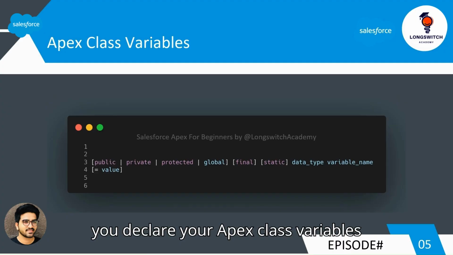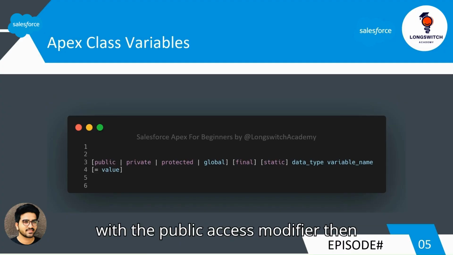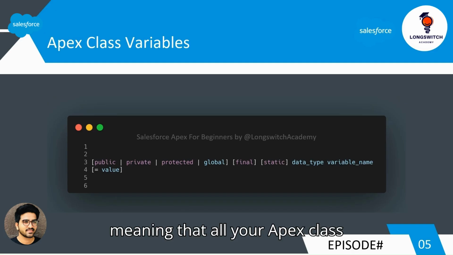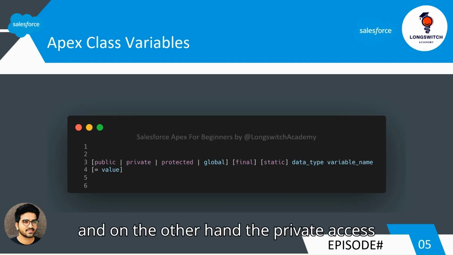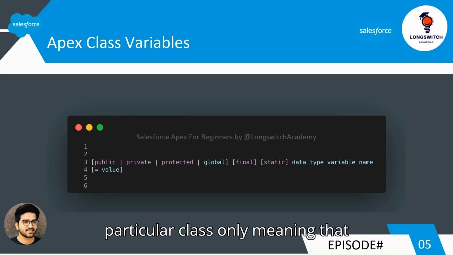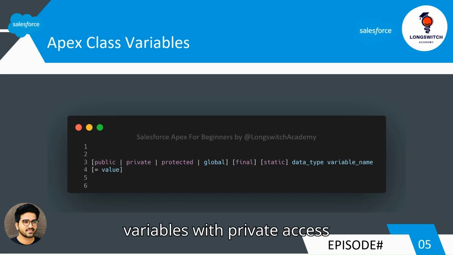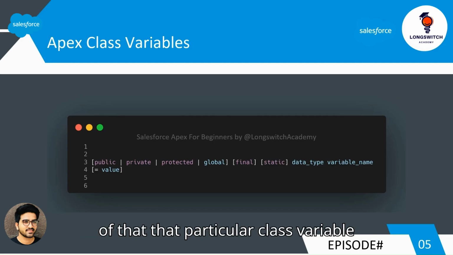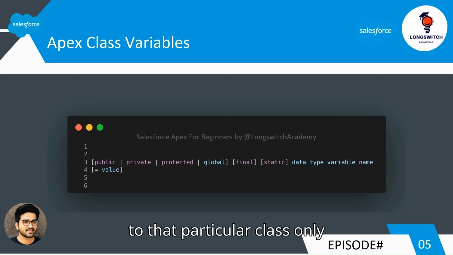When you declare your Apex class variables with the public access modifier, then you are exposing them to the outside world, meaning that all your Apex class variables declared with the public access modifier will be accessible outside of your Apex class. On the other hand, the private access modifier controls the access of your class variables to a particular class only, meaning that when you declare your Apex class variables with the private access modifier, then you are limiting the access of that particular class variable to that particular class only.